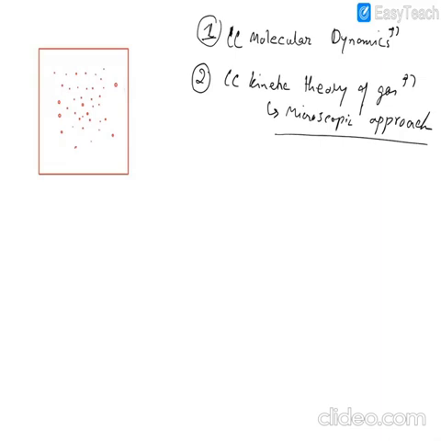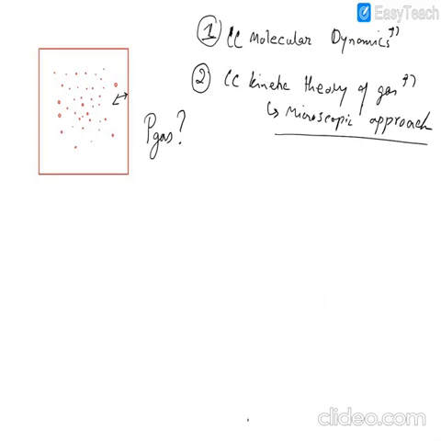Now the microscopic approach has its own implications, but we have to remember what we are interested in. We are interested in finding the pressure of the gas, and from a microscopic point of view, the pressure is actually the consequence of the change in molecular momentum as it encounters the wall. But is it a simple way? From an engineering point of view, we are looking for a robust way to find the pressure.